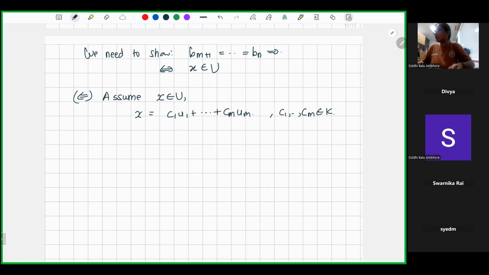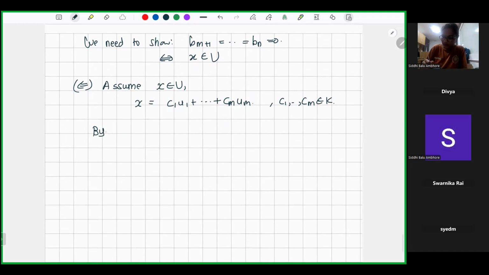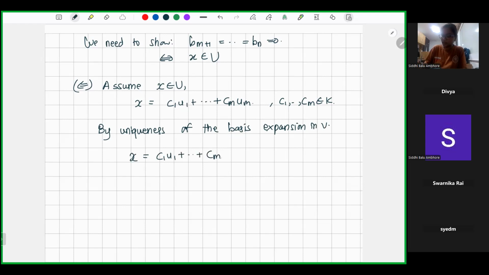Since this is a basis, the expansion is unique. So by uniqueness of the basis expansion in V, this x must be c1 u1 plus up to cm um.